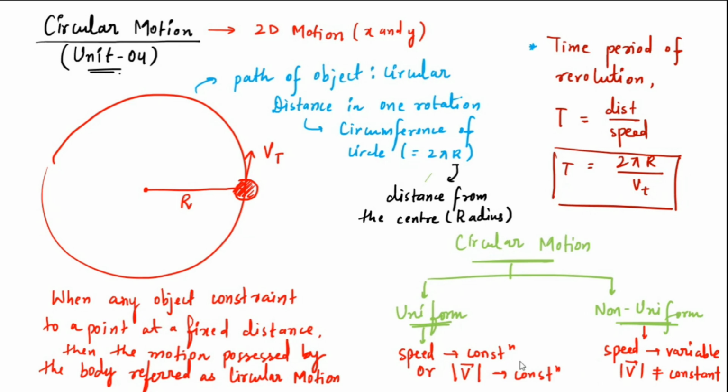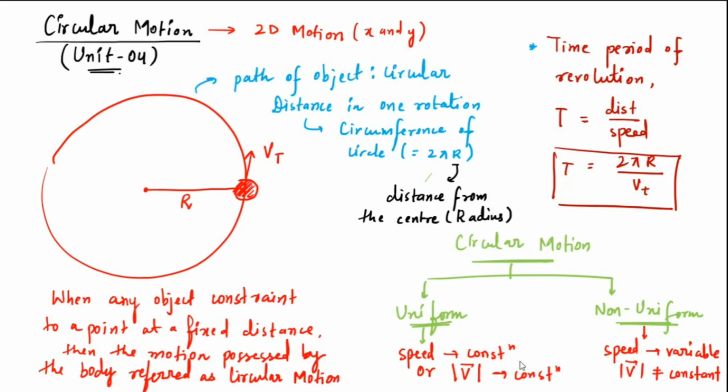Just try to understand it with an example of the fan. When we turn on the fan, the wings of the fan were not initially moving with their maximum speed. Initially, it started with zero speed, then it constantly increases. So here, the speed is variable, or you can say the magnitude of velocity is not constant. It just keeps on increasing. But if we look at the other part, the rotation of Earth, the revolution of Earth around the Sun, the revolution of any other planet around the Sun.